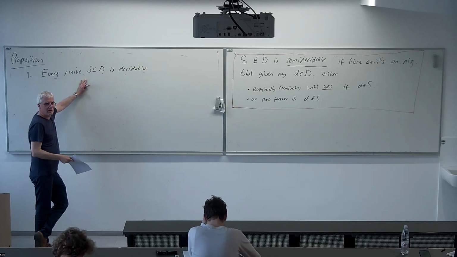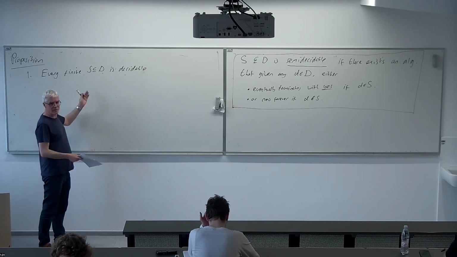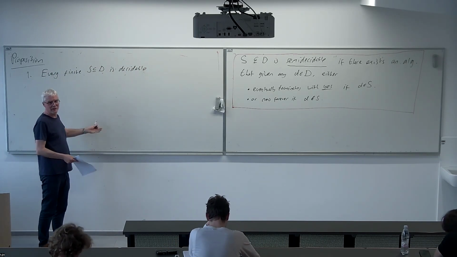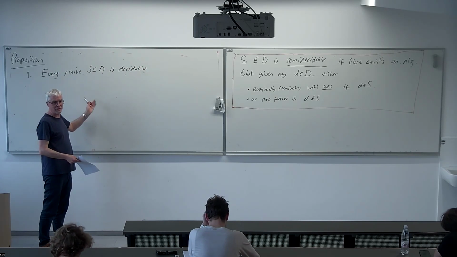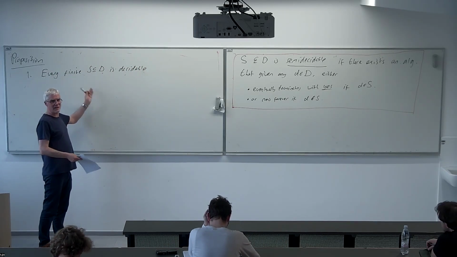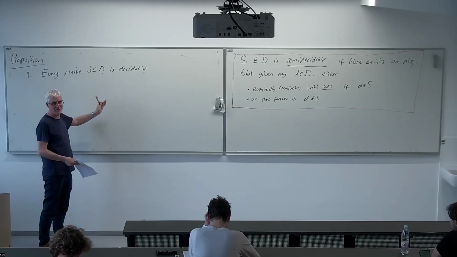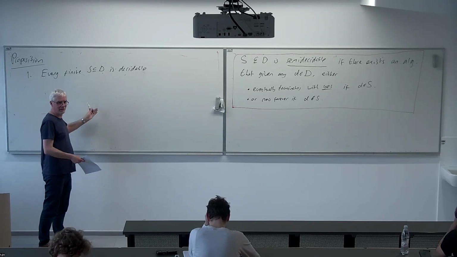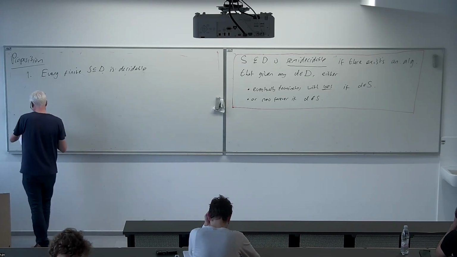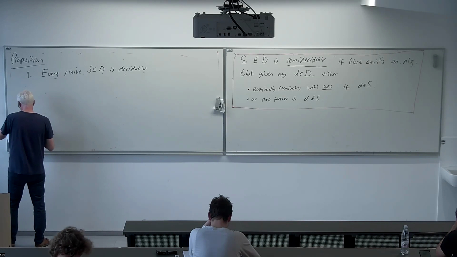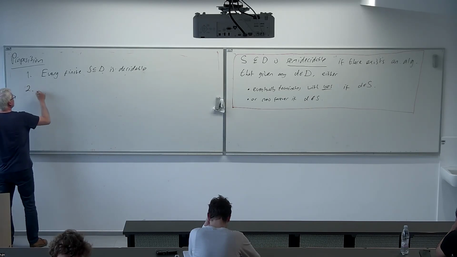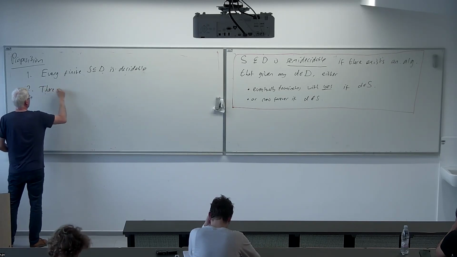So you've just got an algorithm which is basically a sequence of if-then-else statements. If there are k elements, then you have k if statements. If you're this element of S, then yes. If you're this element of S, then yes, and so on. And if you're none of them, then finally no. Okay, so that's easy. So secondly, there exist infinite decidable sets.